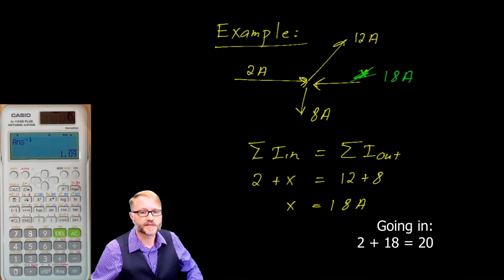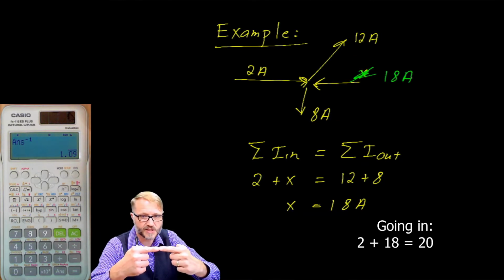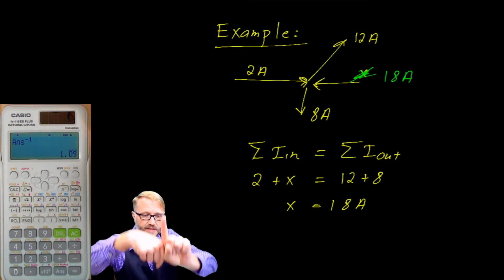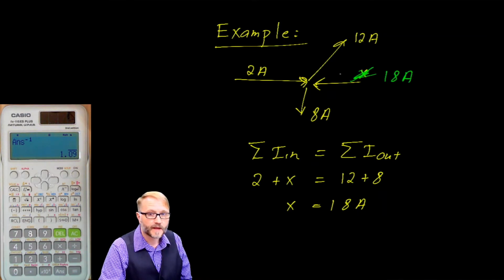Let's see if that makes sense. So going in, we have 12 and 8, so that's 20 amps going in. And then leaving the circuit, we have 8 and 12, which is 20. Okay? And that statement is true for any node.